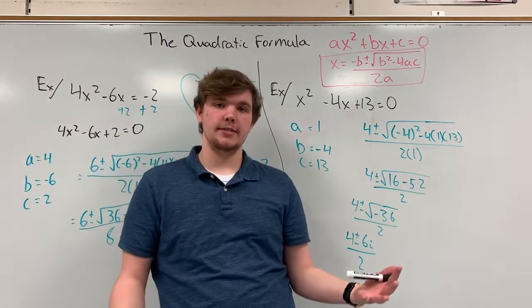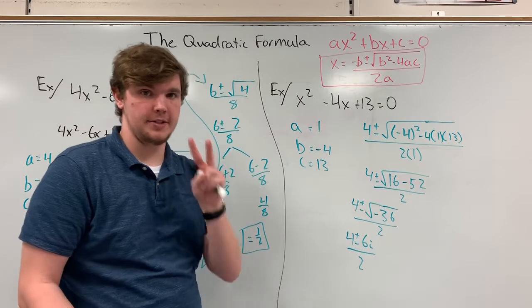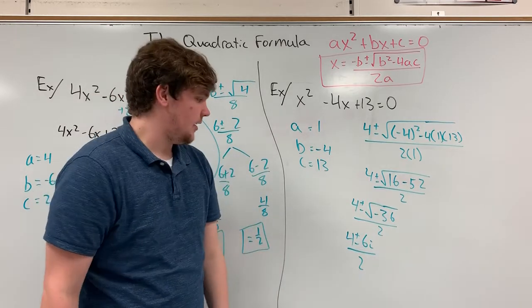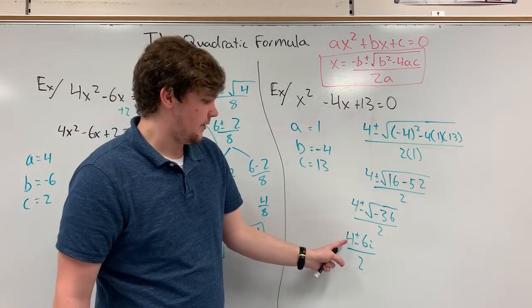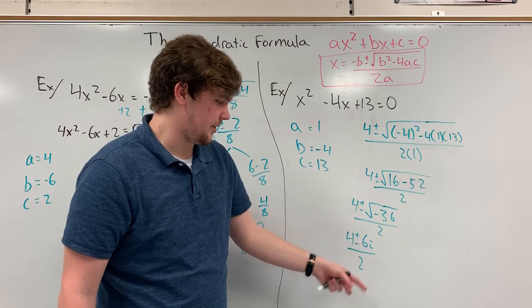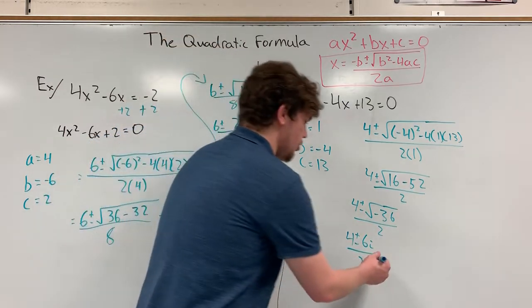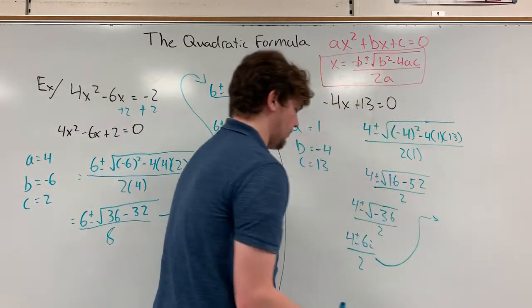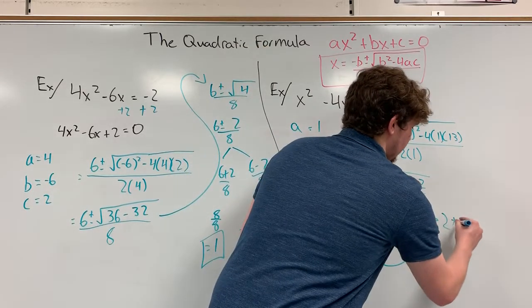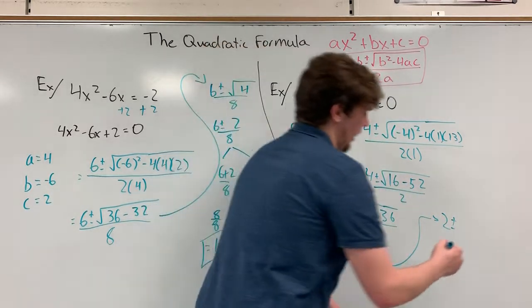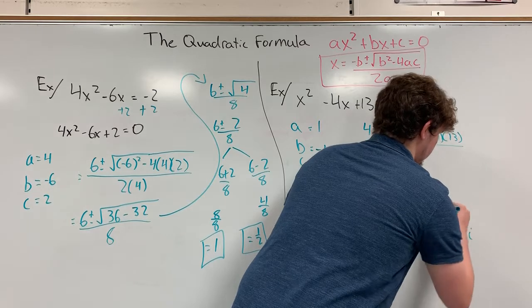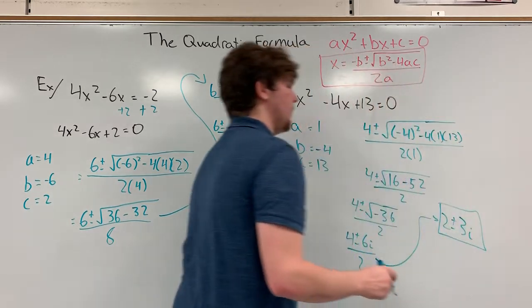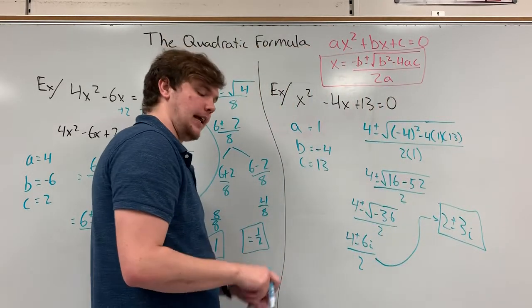I think all those 3 integers are divisible by 2, so I'm going to go ahead and do that. So this 4 plus or minus 6i divided by 2 simplifies down to 2 plus or minus 3i. And that is my final answer down there.